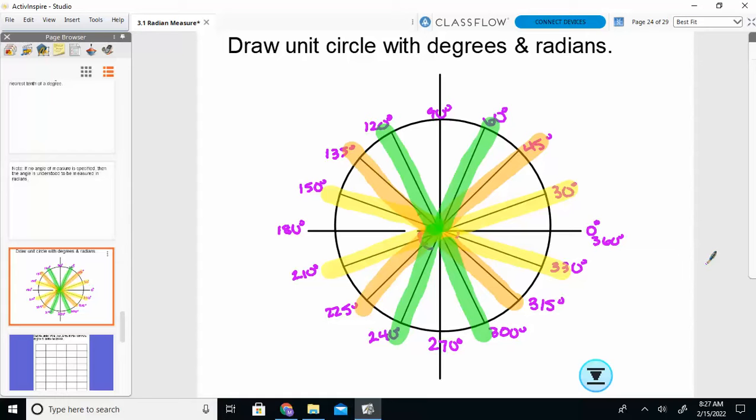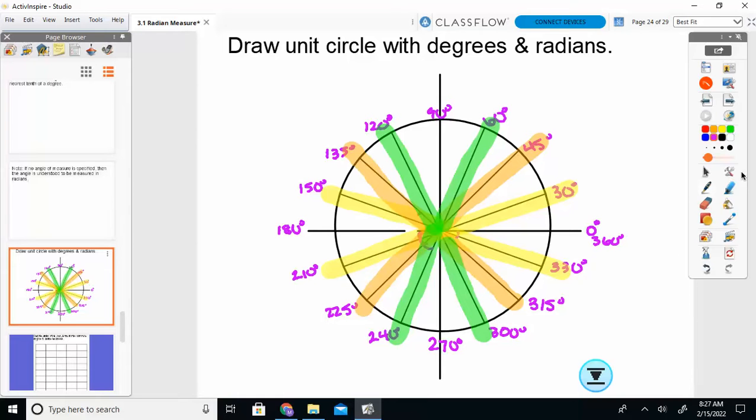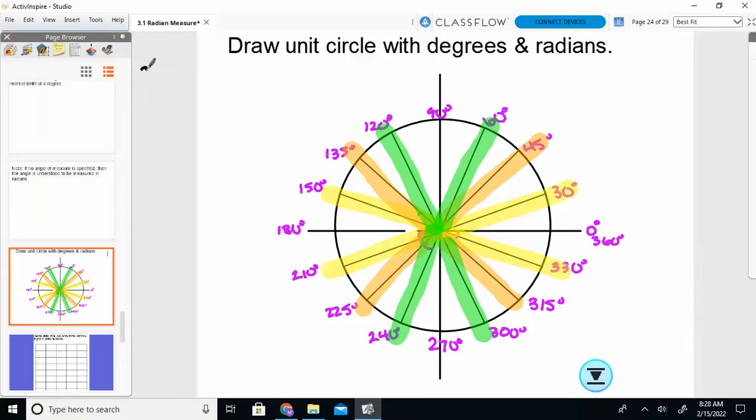All right, so next I want to do the radian measure for each of these angles. So if we think about our radian, we just talked about converting. If you have degrees and you want radians, so if I have 30 degrees, how would I change that into radians? Is it divided by pi?